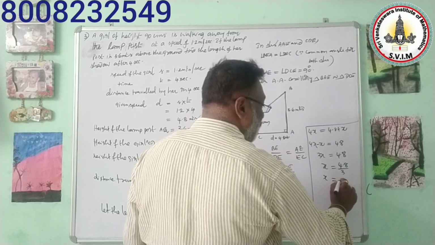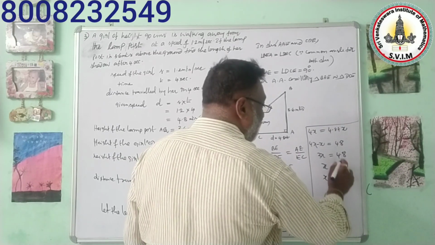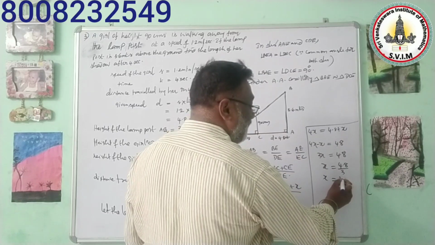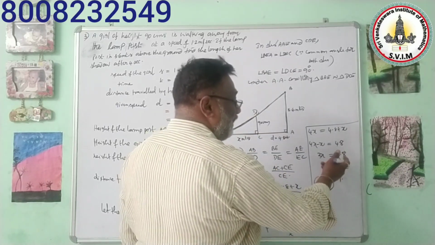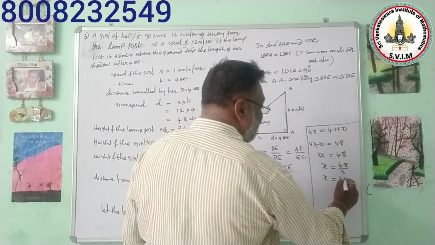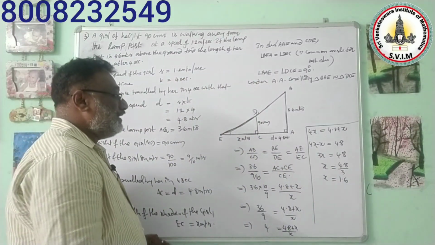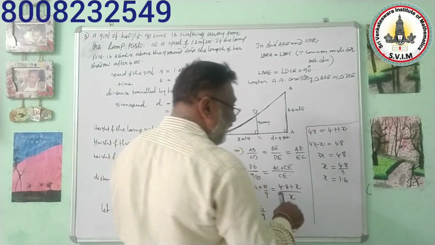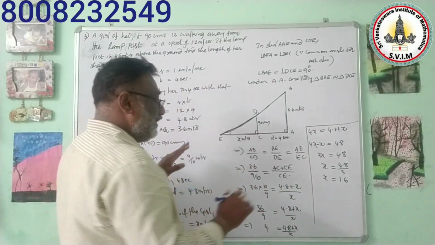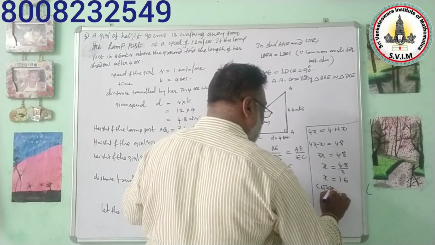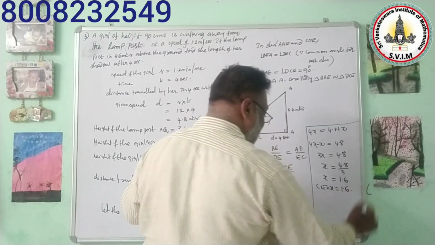By cancellation you get 1.6. So X, how you assumed it, means CE, the length of the shadow of the girl. So CE is equal to X, that is equal to 1.6.